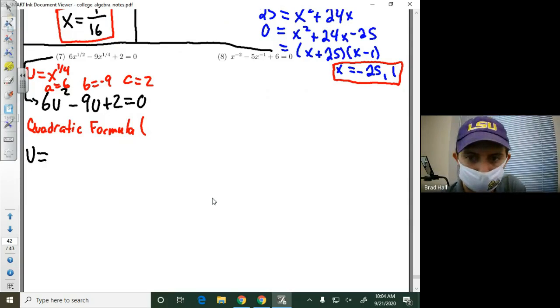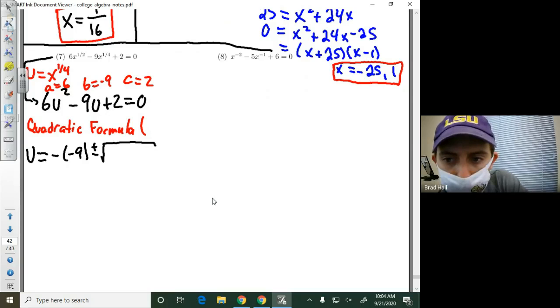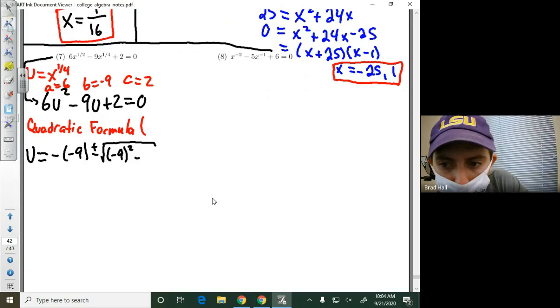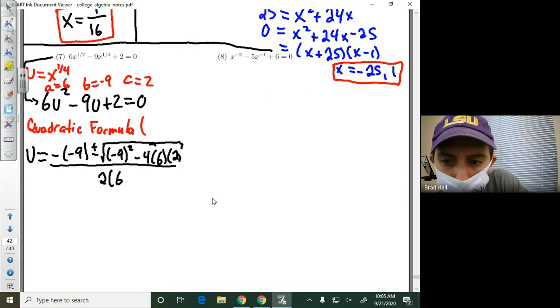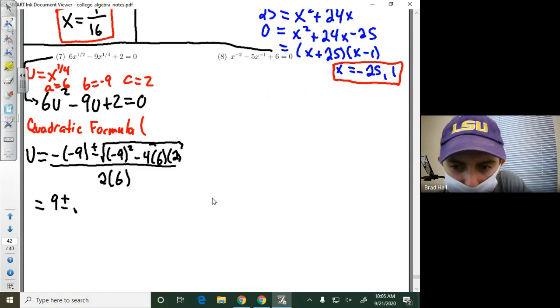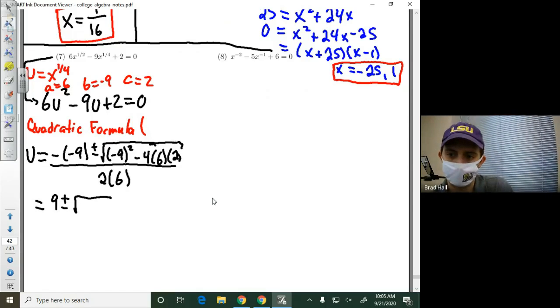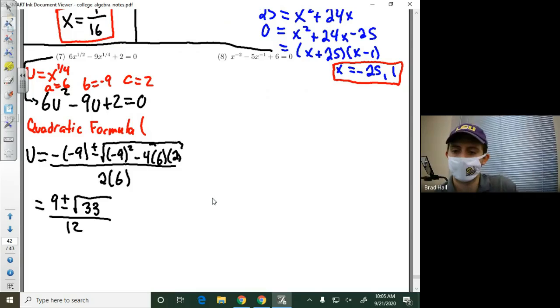And from here, we can use minus -9 plus or minus the square root of -9 squared minus 4 times 6 times 2, all of this divided by 2 times 6. So now we have 9 plus or minus the square root of 81 minus 48, which is 33.